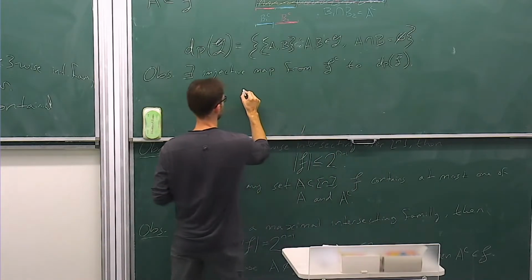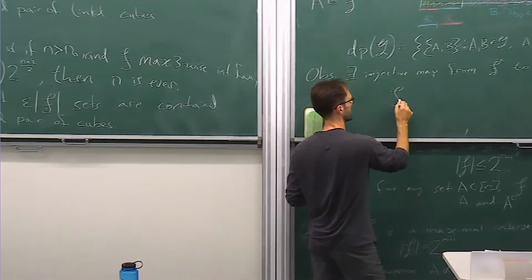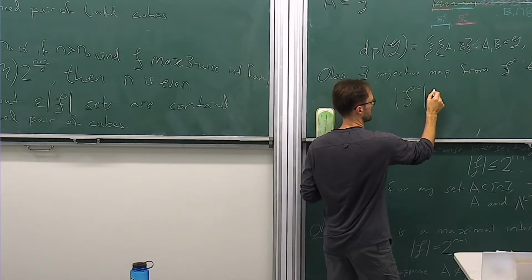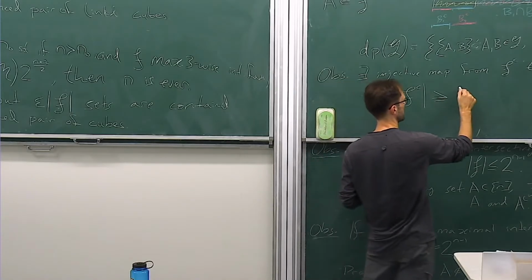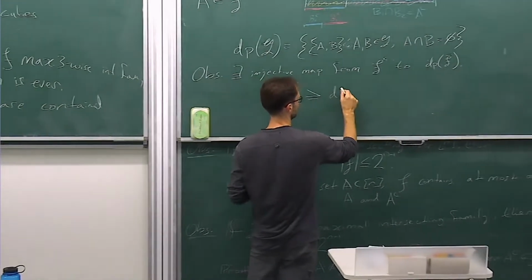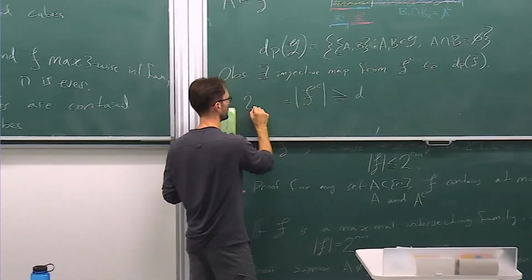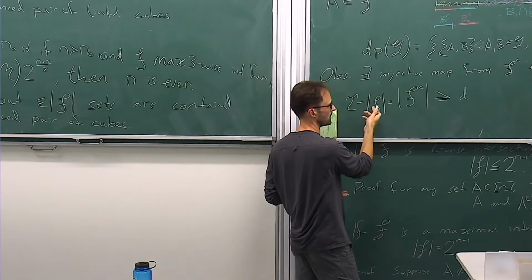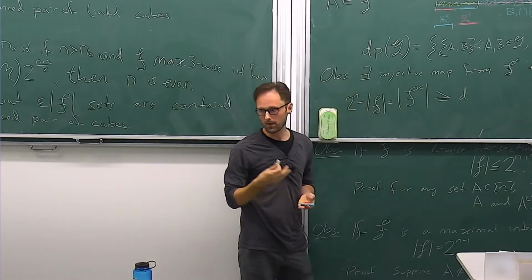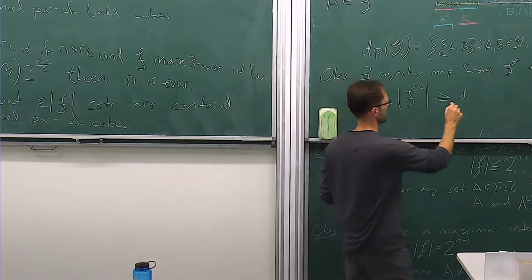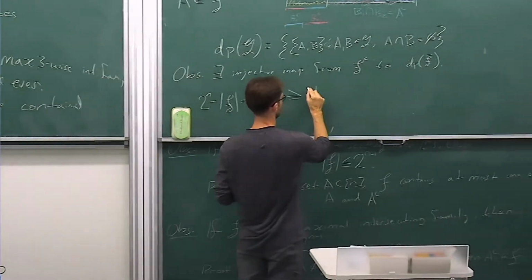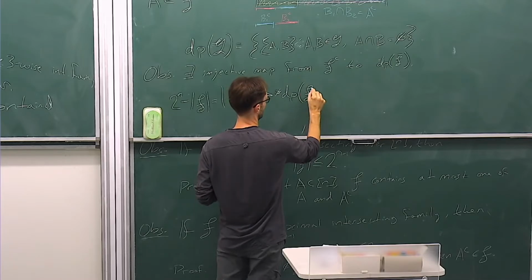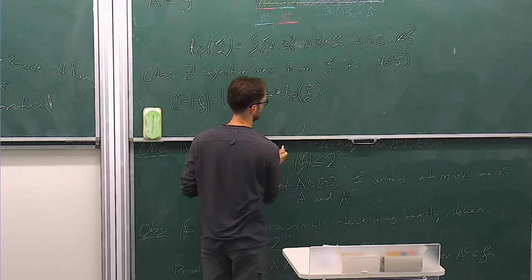So in particular, we could say the size of F complement, which is equal to 2 to the n minus the size of F, and F and F bar are of course the same size, is at least the number of disjoint pairs in F bar.